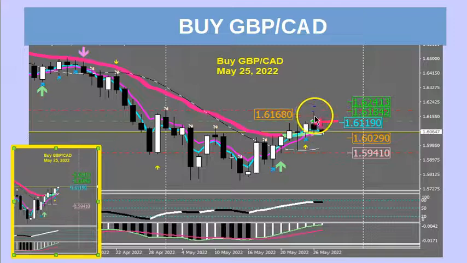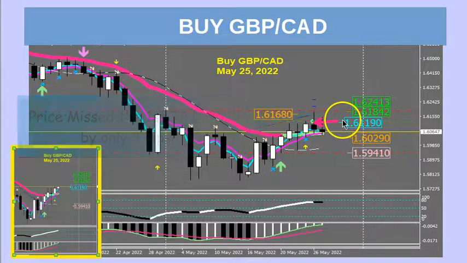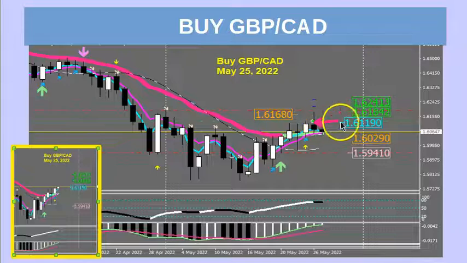Price did actually go up, and here's the amazing thing, guys. This is the GBPCAD, and from the entry it only moved up 61 pips, and missed our first take profit level by 3 pips. Amazing. We missed a big profit just by 3 pips. It didn't quite go high enough.